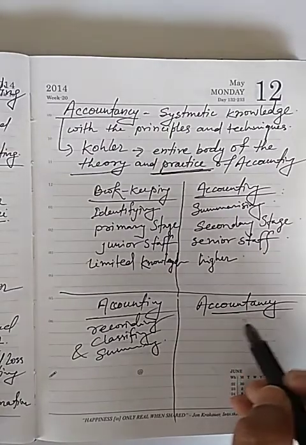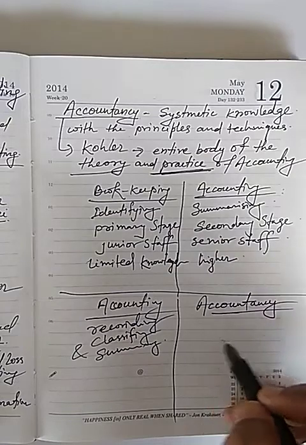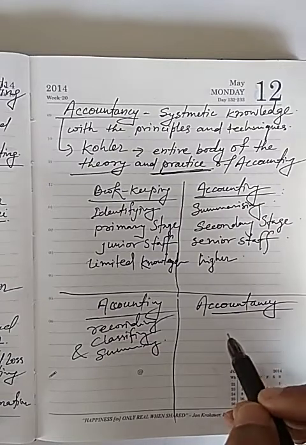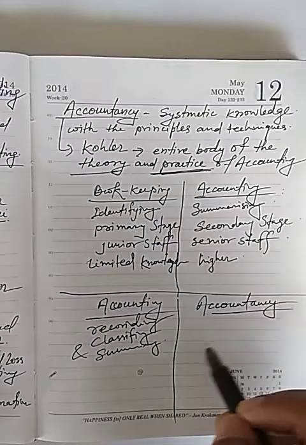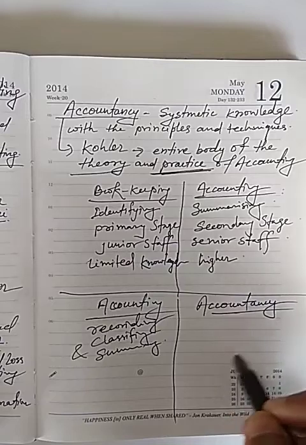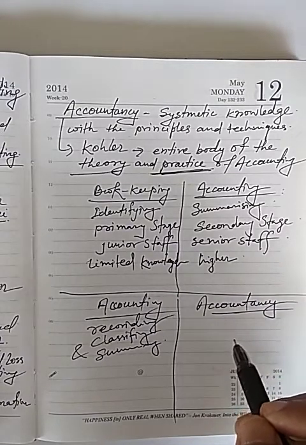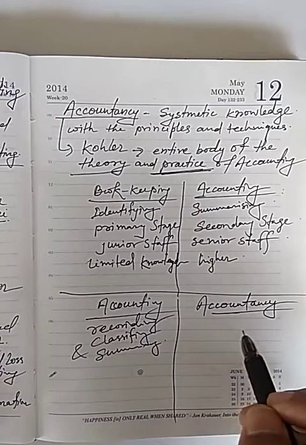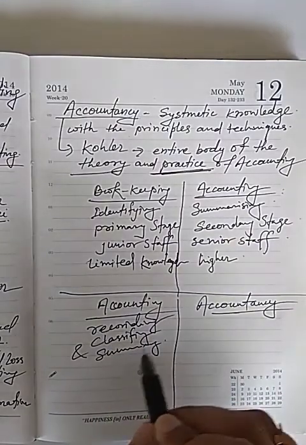But accountancy is a body of knowledge prescribing certain rules or principles to be observed while recording, classifying, and summarizing transactions. It means the rules, principles, and knowledge of accountancy will apply in accounting.